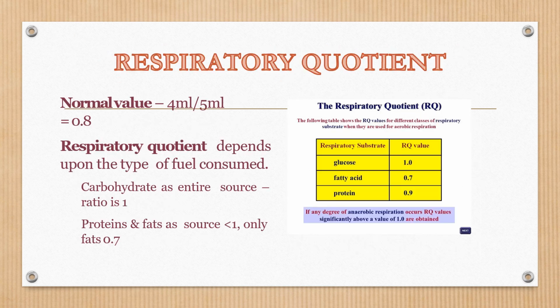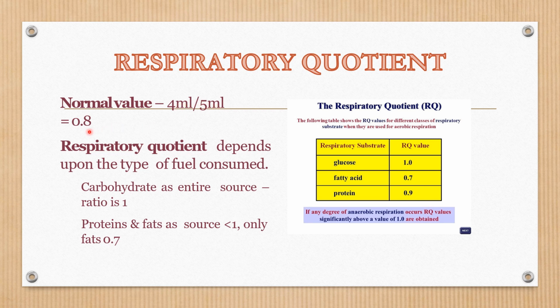Okay. One more important topic from CO2 transport is the respiratory quotient, which may come again as a very short or short question. It refers to the ratio of CO2 excretion to the rate of oxygen consumption per minute, which normally is 4 ml of CO2 excretion and 5 ml of oxygen consumption.